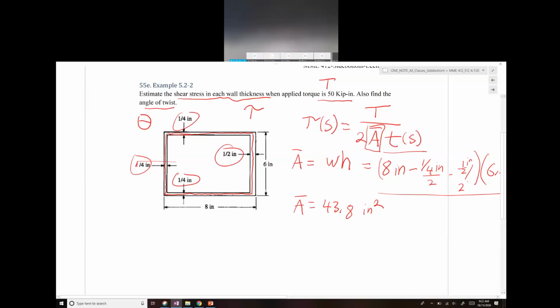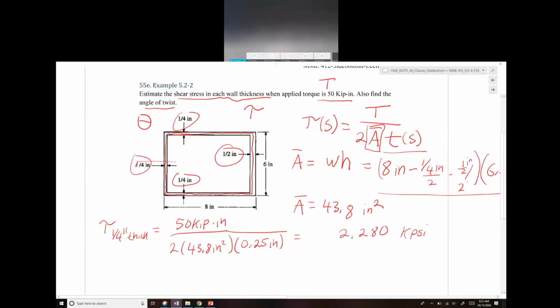So for the 1/4 inch section, we would end up getting 50 kip inches over 2 times 43.8 inches squared times 0.25 inches. This would give us a value in kpsi. So we would get 2.280 kpsi.